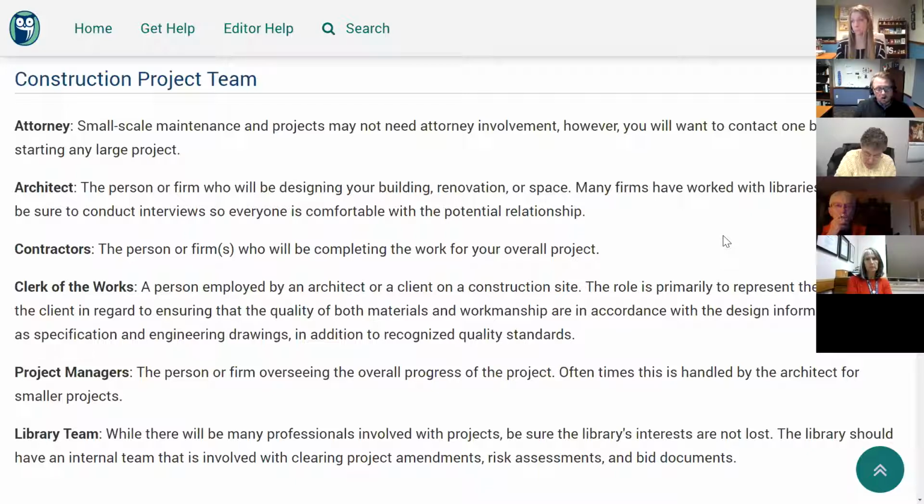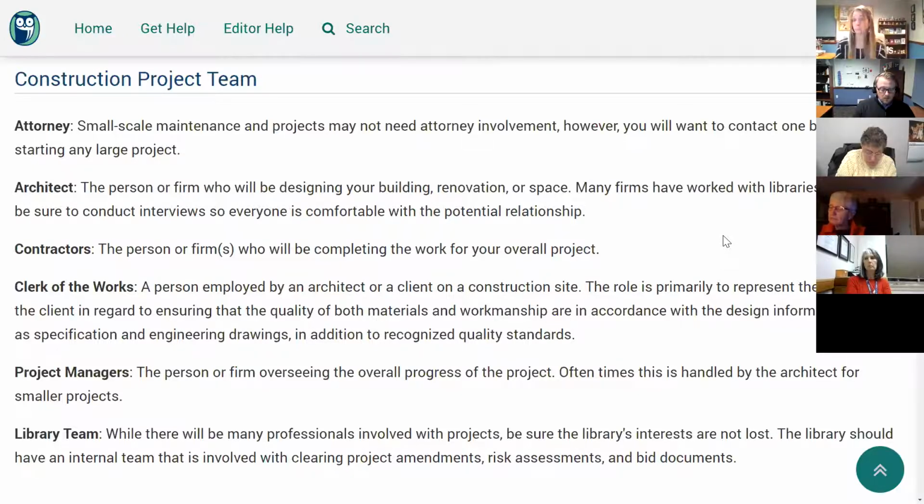So when you are looking at some type of large scale construction project, I have on here a list of people who should be involved with that project team. Your first one is going to be some type of an attorney, because whether you're a municipal library who is fighting over space, or you're a school district library who is purchasing land, or if you are dealing with just contractors in general, you're probably going to want some type of legal support involved with it.